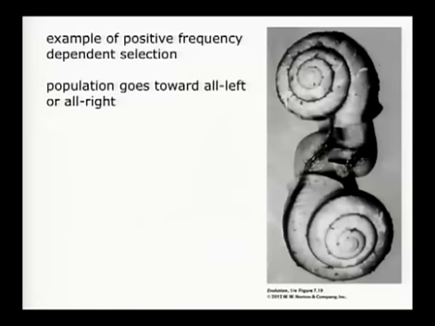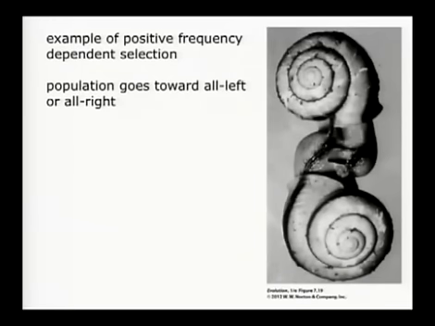And a kind of neat example of that is the left and right coiling on these snails. For biomechanical reasons, it turns out that a snail can't mate with another snail that is coiled in the opposite direction. You know, they don't fit together quite right.